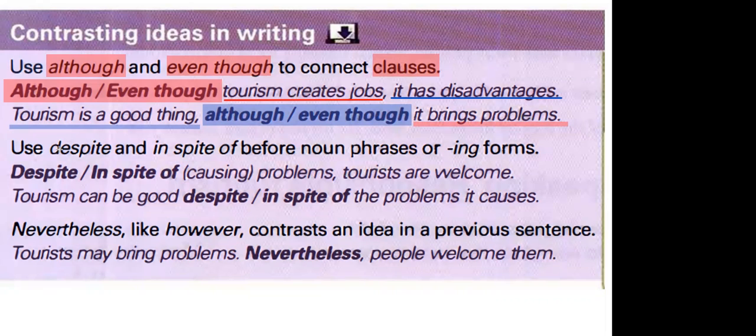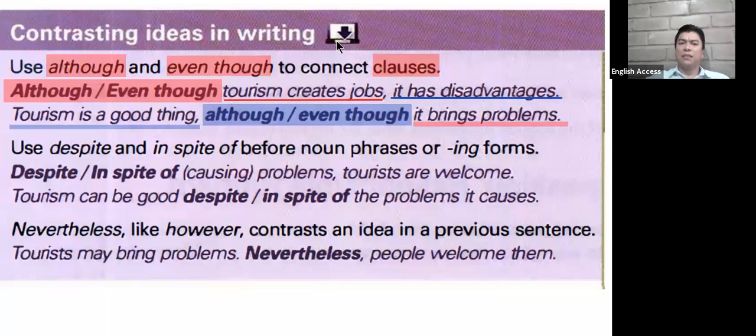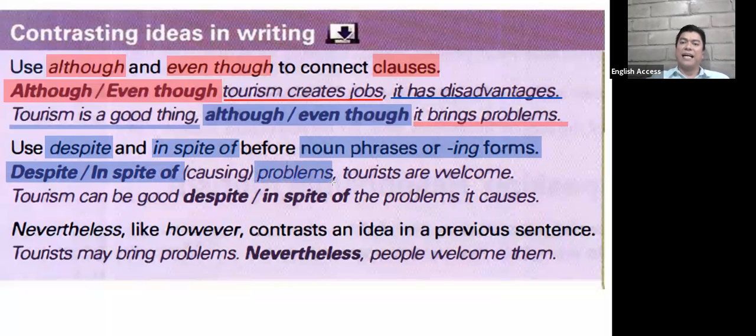Okay. The next thing we have is use despite and in spite of before a noun phrase, or ing forms, which is still a noun. Despite or in spite of problems, you see a noun. And then we have the sentence, tourists are welcome.